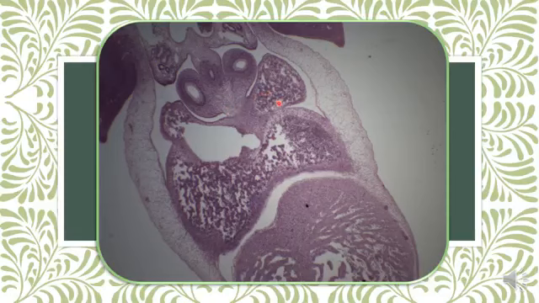Ventral to the ventral mesentery, you can see these structures, liver, and the liver containing a large duct. This duct is called the ductus venosus, and also you can see sinusoids of the liver.